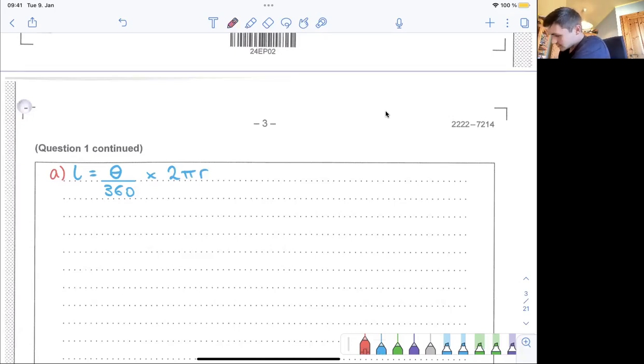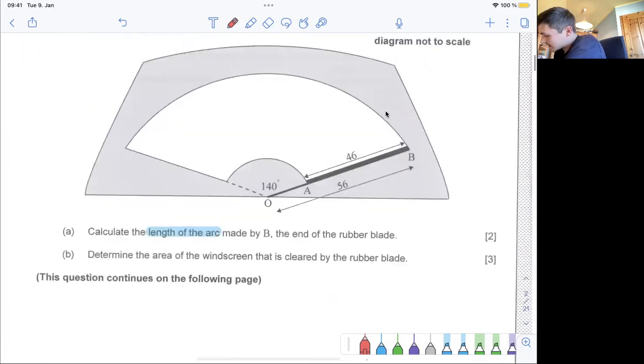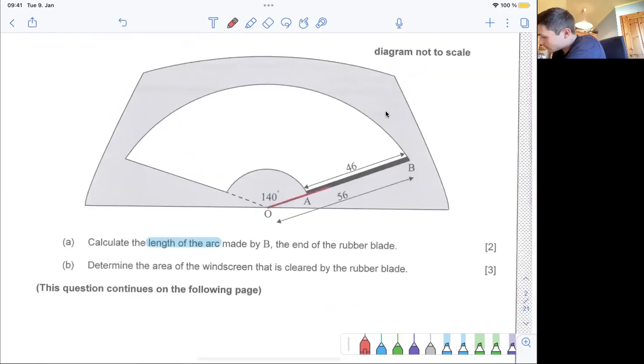We were told in the question that theta is equal to 140, and r is equal to 56 centimeters, because we're going from O to B. We need the full length of the metal arm, which is 56 centimeters.